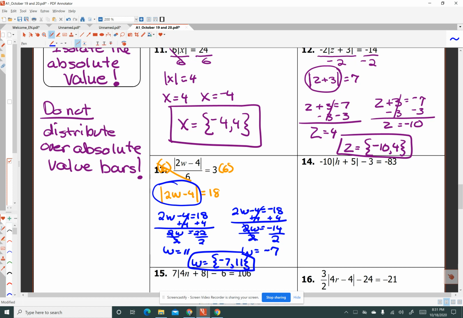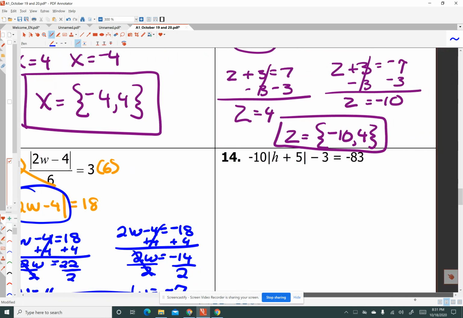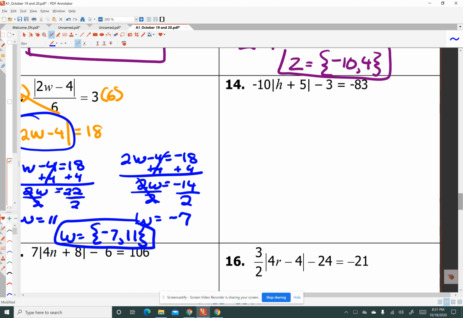Number 14, the absolute value expression is being multiplied. See if I can make this a little bit bigger. Oh, that's pretty big. Should give us enough room. Okay, so the absolute value expression is being multiplied by negative 10, so we will divide by negative 10, and we will add 3.